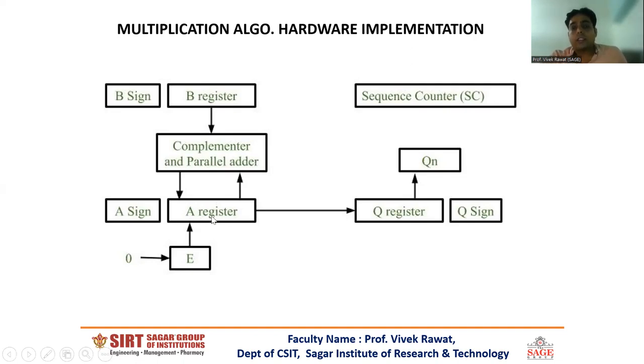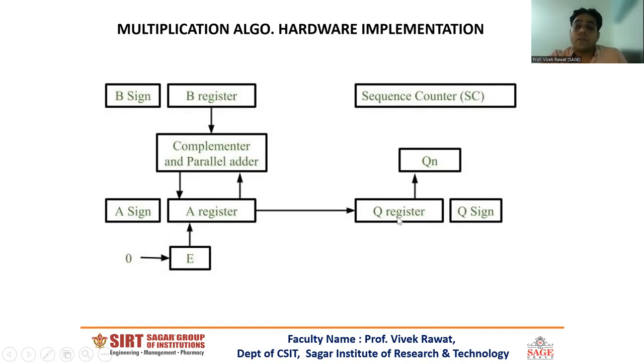In the A register, we have A sign, the B register has B sign, and the Q register has Q sign. This is the sign bit of the particular number. Sign means minus or plus, denoted by 0 and 1.